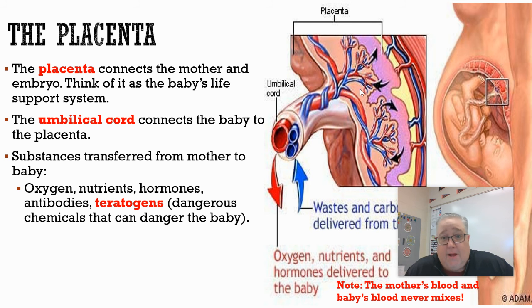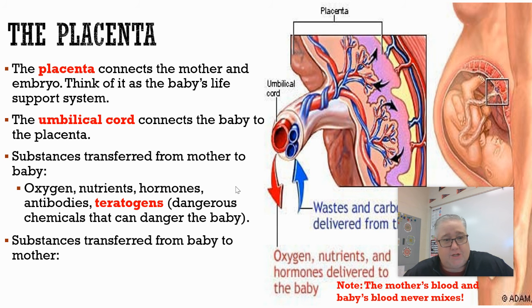Nicotine, from cigarette smoke, same type of thing. That would be considered a teratogenic chemical. So, anything that could be dangerous to the baby could also pass through. That's why the mother's health is important to the baby, because if the mother is putting unhealthy things into her body, those things very well could get into the baby's bloodstream.